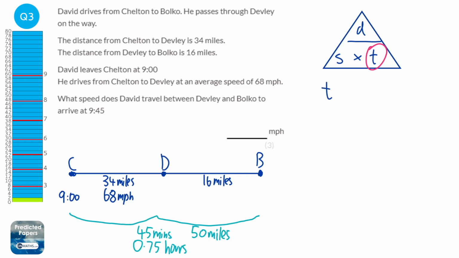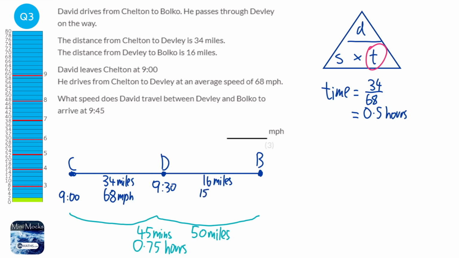So it's going to be time equals distance, which is 34, over speed, which is 68. So we're going to do 34 divided by 68, which is 0.5. So it would be 0.5 hours. So that would be half an hour. So we will be at Devley at 9:30. So that means we've got 15 minutes left.